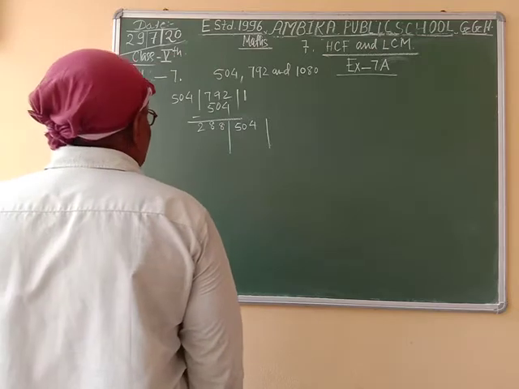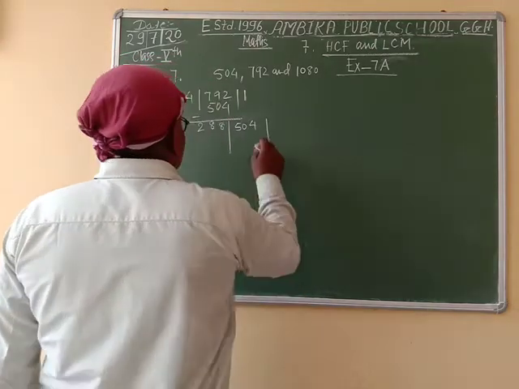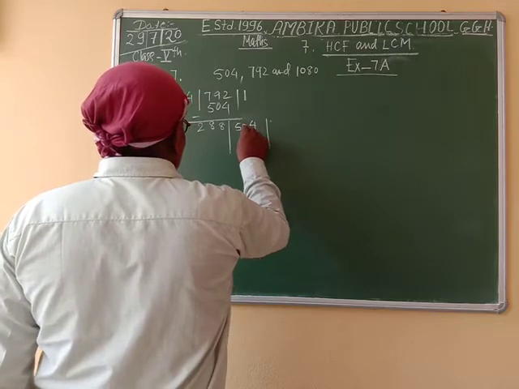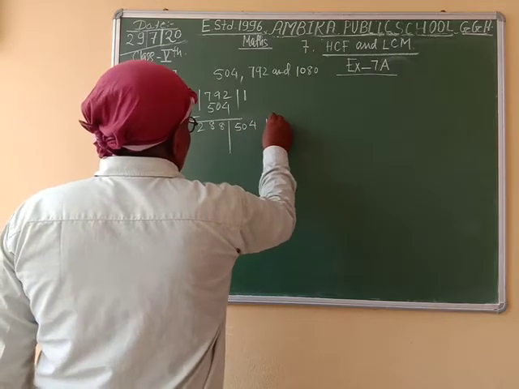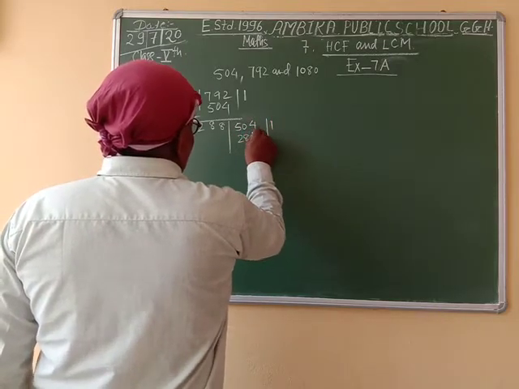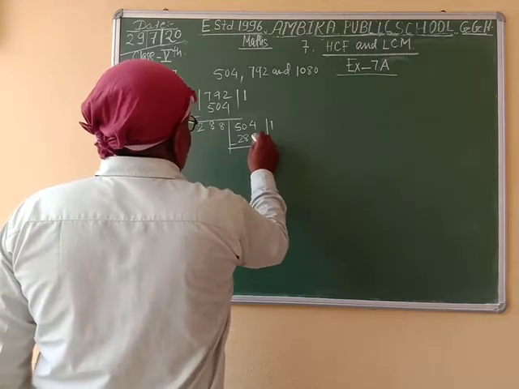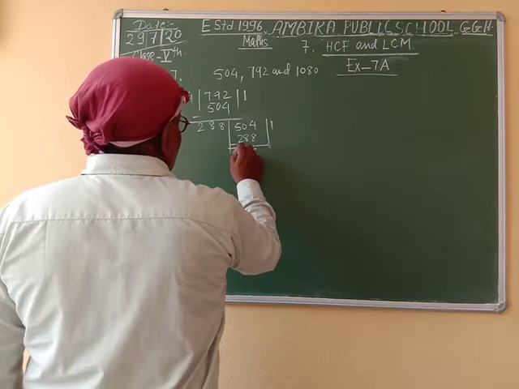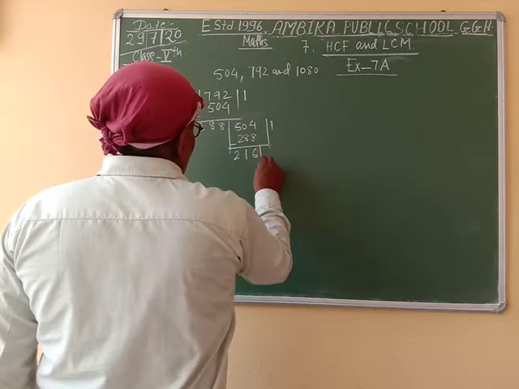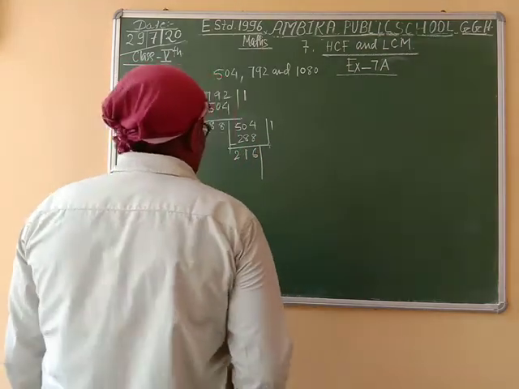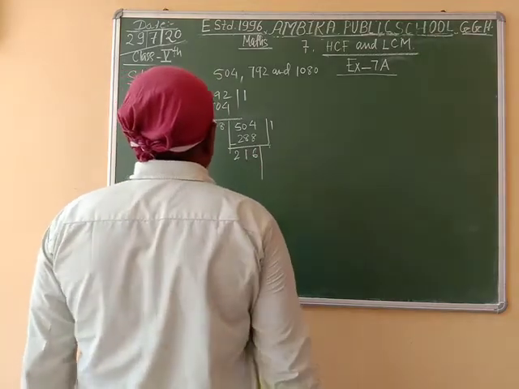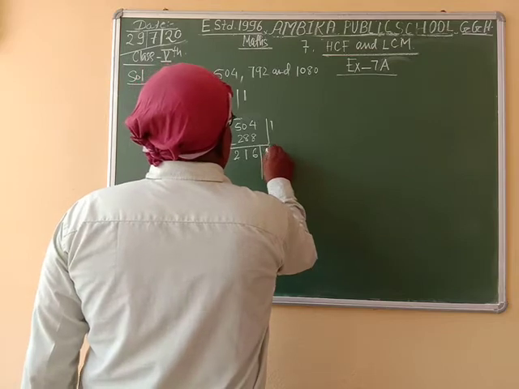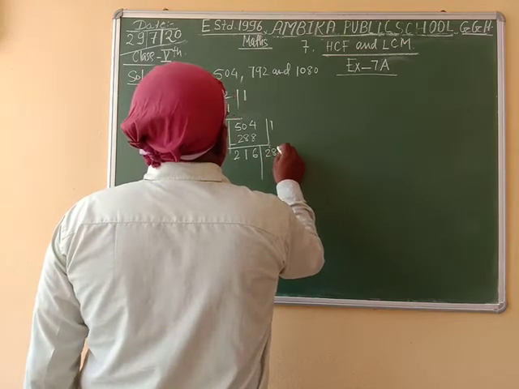Again dividing, 288 goes one time, and 504 minus 288 is 216. Here the remainder is less than the divisor, so the new dividend is 288.